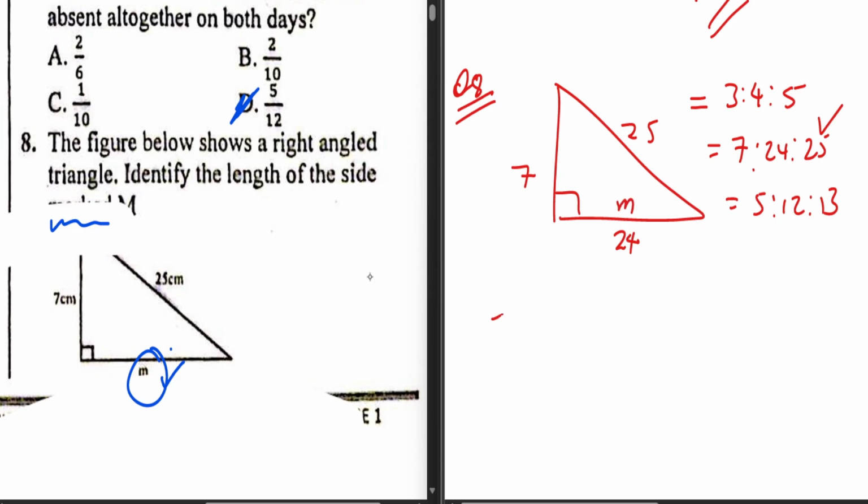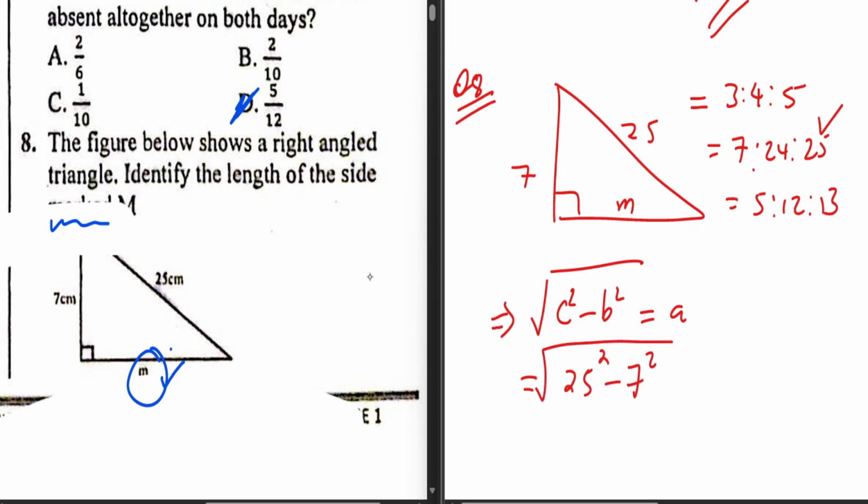And that's one way. The other way, in case you don't know this, is to use C squared minus B squared, which is equivalent to A squared. So in case you want to find the value of A, you just square root whatever you have there. So you take 25 squared minus 7 squared, then square root it. This one gives you 125. This one gives you 49.